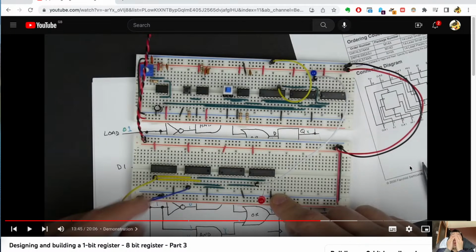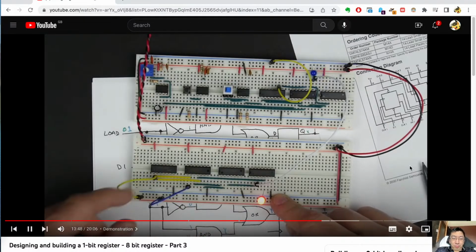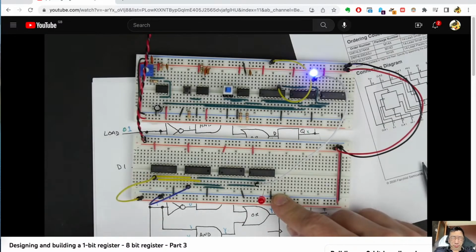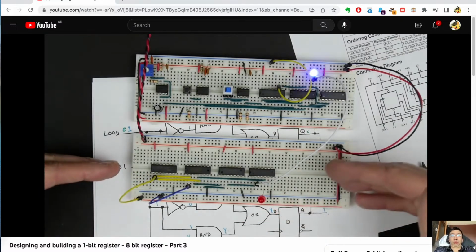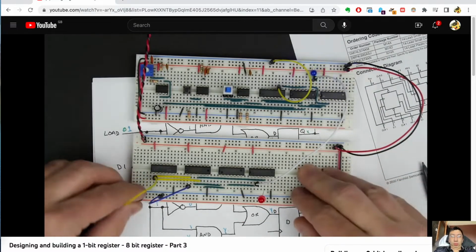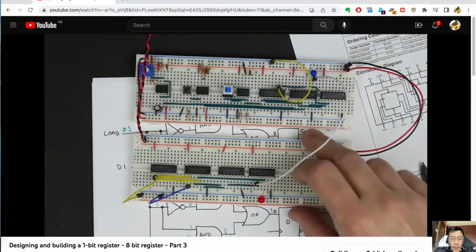Latch on top of a latch. Of course, now if the bus is changing, it's going to pick up that new value because we still have our load high. But normally the load is going to go high just for one clock cycle, or one clock, I should say. And so this appears to be working.